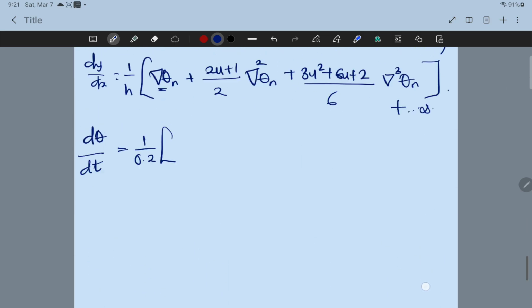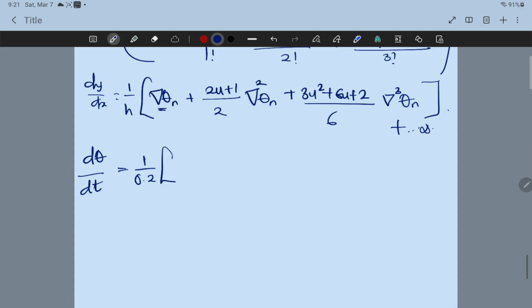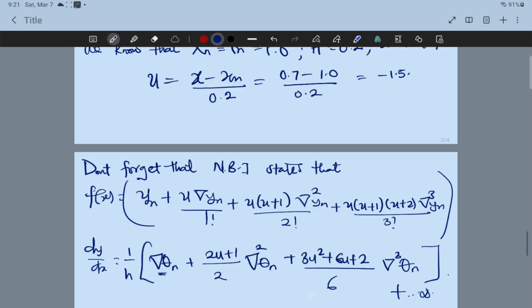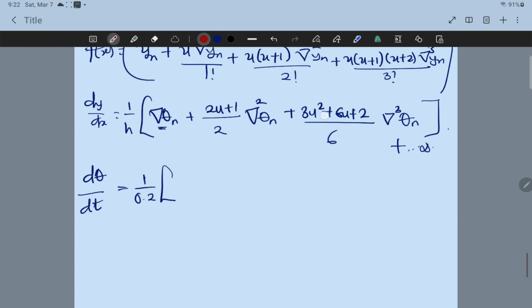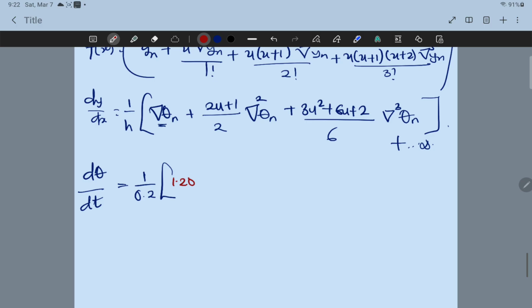Okay, so this is 1 over 2 into bracket. What is the change square of this? That I believe you know, that's 0.3, sorry, that's not 0.3, that's 1.2. Let's check the table quickly. 1.20.